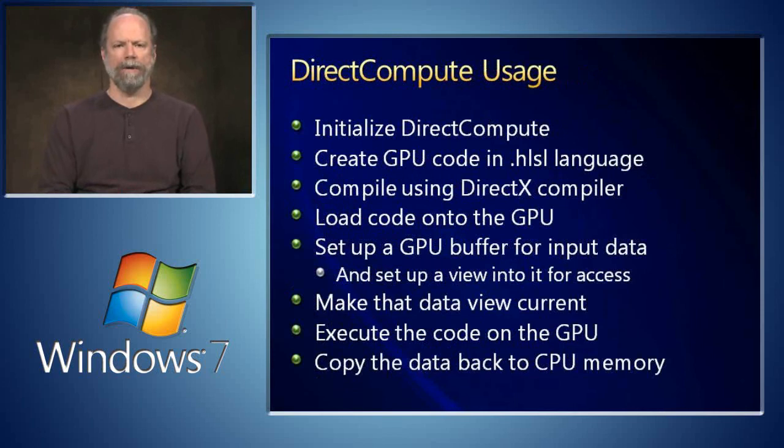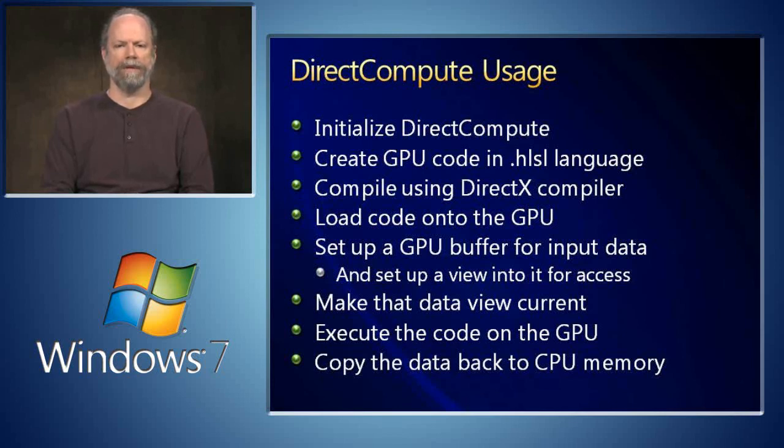So the overall usage pattern for Direct Compute is as follows. You will initialize the API and then submit code in the HLSL language, which is compiled using the DirectX HLSL compiler. That code is then loaded over to the GPU, and then some data that you're going to process with that code is also transferred to the GPU ideally, and then a view is created into that data buffer so that access can be efficient.